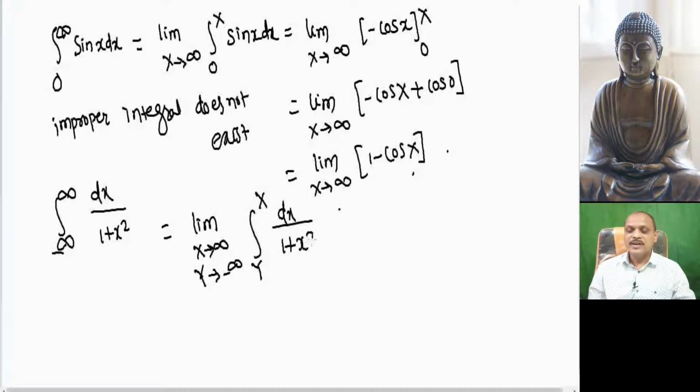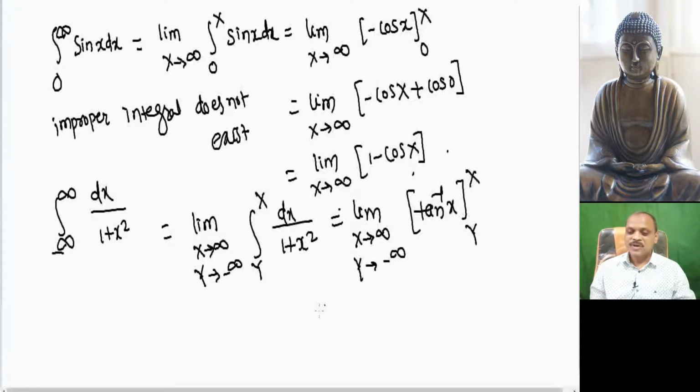Now the integral of 1 divided by 1 plus x square is tan inverse of x, between the limits capital Y to capital X.